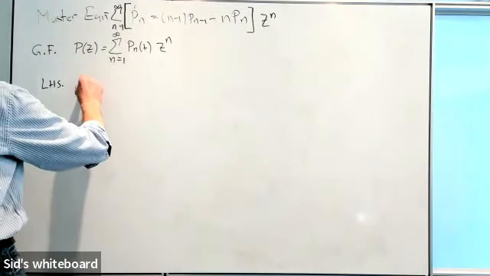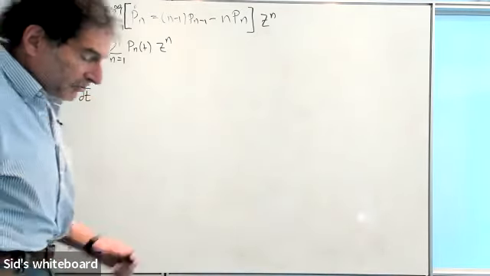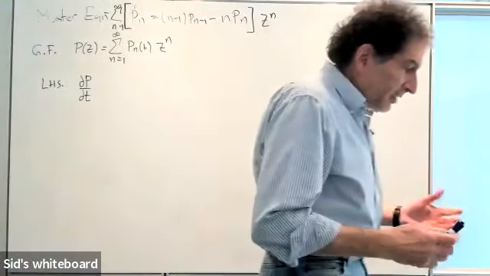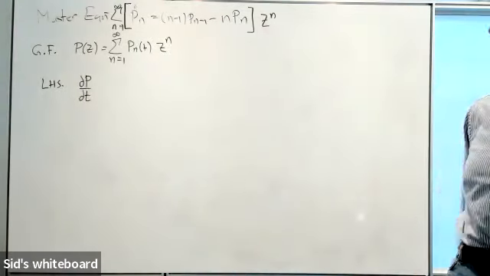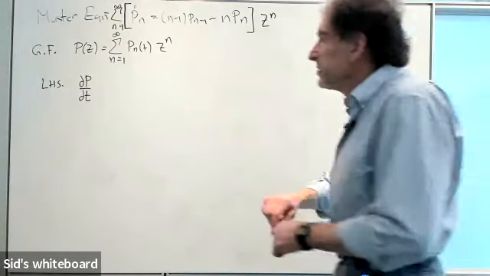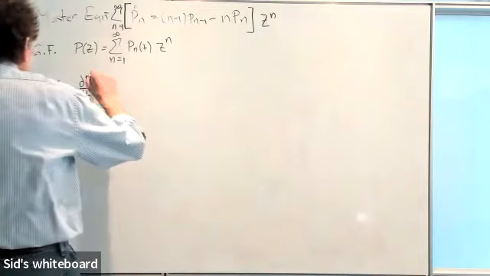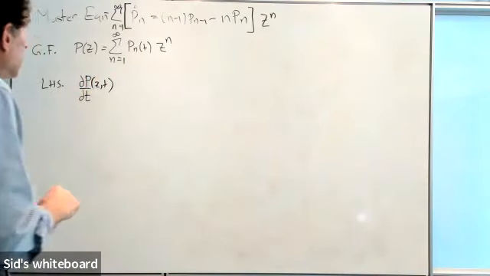So we're just going to have dP by dt. And here I'm writing it as a partial derivative because our two variables will be z and t, and you'll see that the right-hand side will involve derivatives with respect to z. So I'm writing this as a partial derivative to emphasize that it's only one of the arguments that's being differentiated.